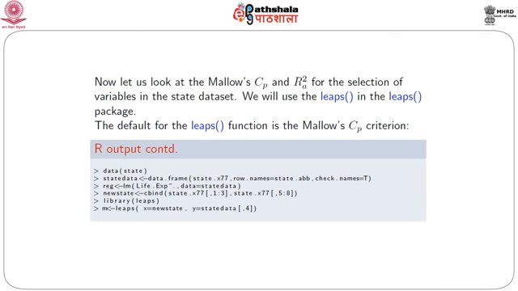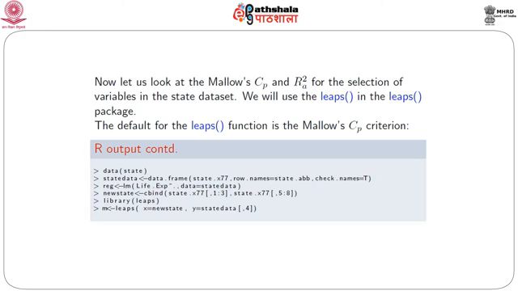Now, let us take a look at Mallows' Cp and adjusted R square for the selection of variables in the state data. We will use the leaps function in the leaps package. The default for the leaps function is the Mallows' Cp criterion. So, we include the data by writing the function data(state) and we put it in a data frame.